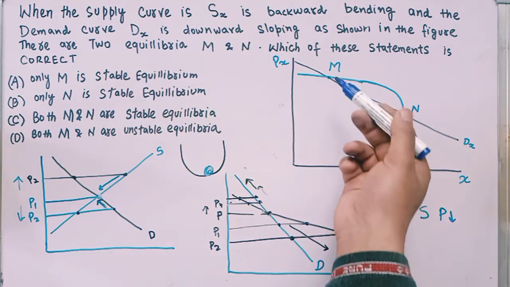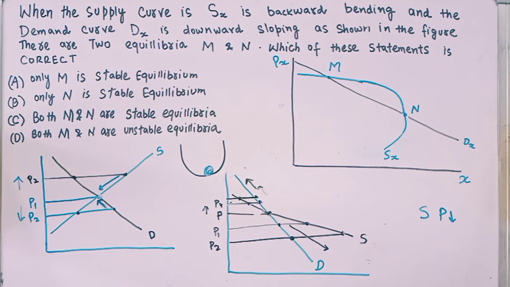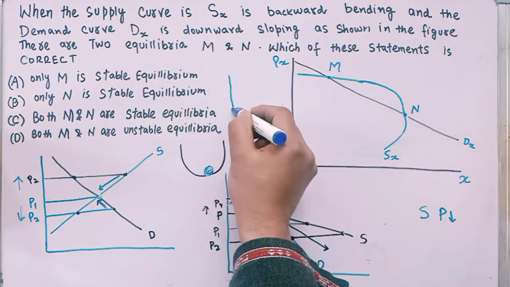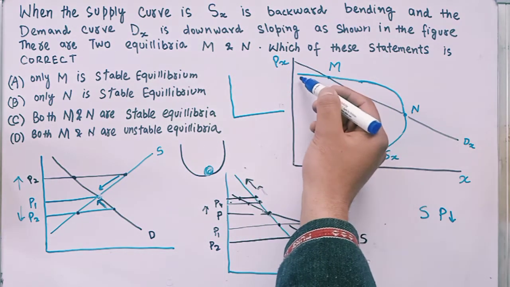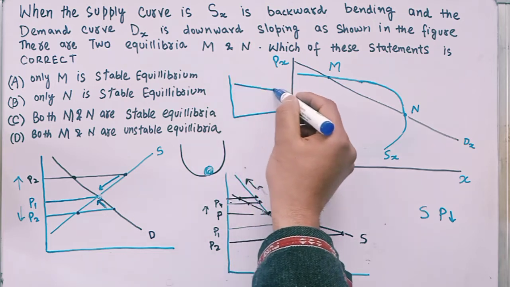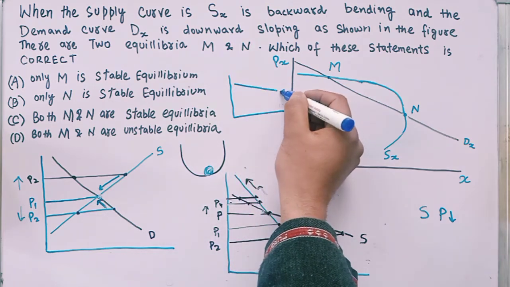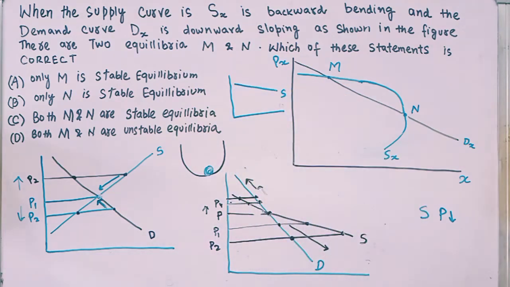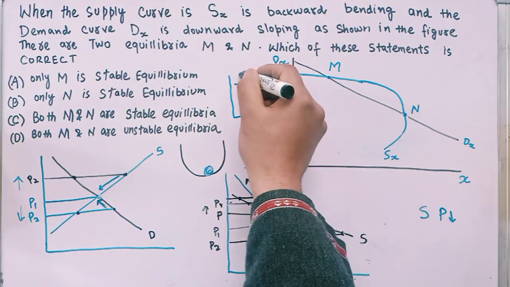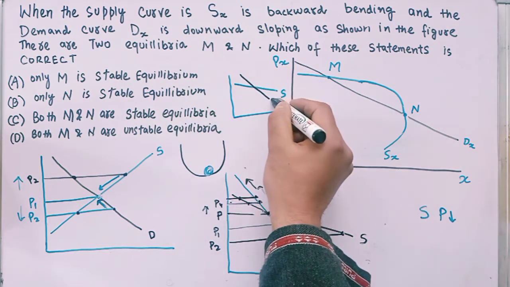So if we break this figure here, you can see we have a negatively sloped supply curve and a negatively sloped demand curve.